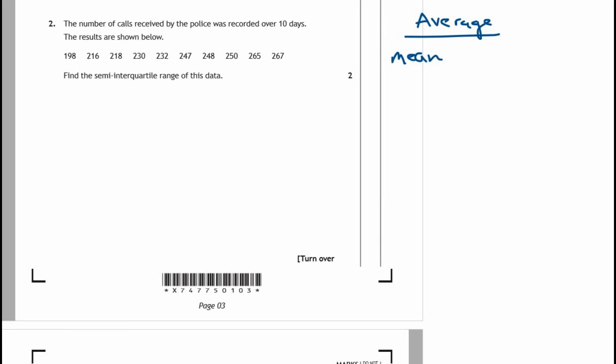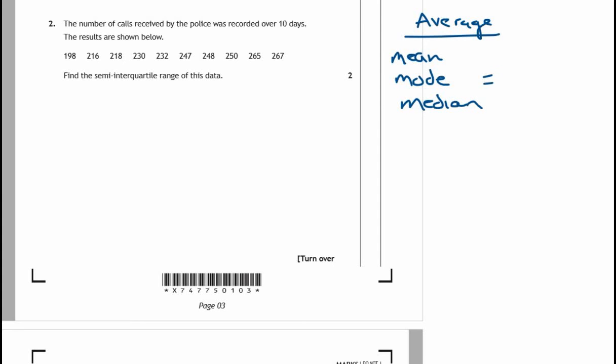The word average is flexible. Instead of average, we could say mean, we could say mode, we could say median. There are lots of different ways of thinking about it.